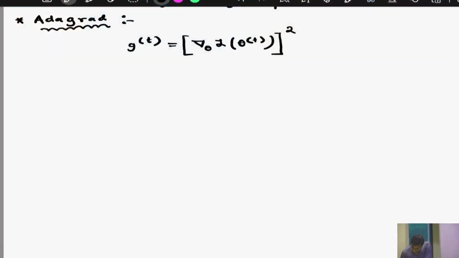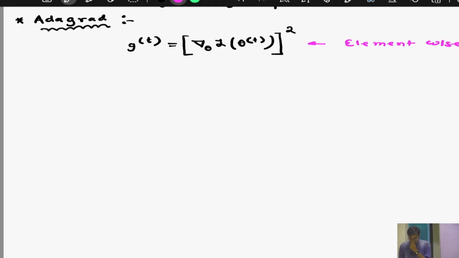So this is element-wise, okay? Element-wise square.